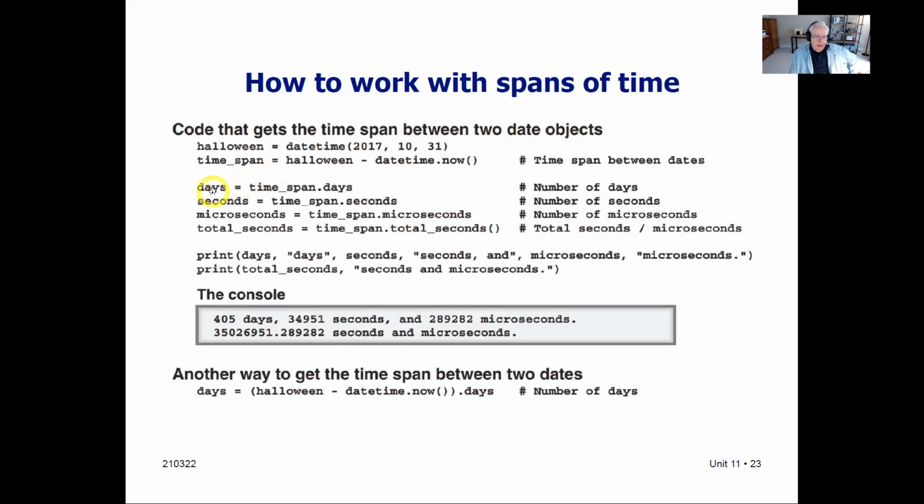So we're creating a few more objects here: days, seconds, microseconds, total seconds. Just an example of how to use these tools. Remember, we created a time span object here, which is Halloween minus the date time now. So we can run that object into the days method, okay?